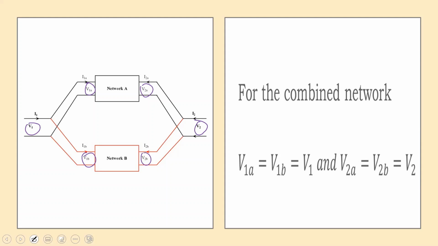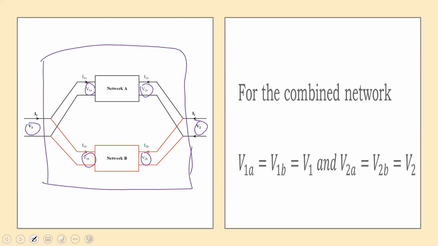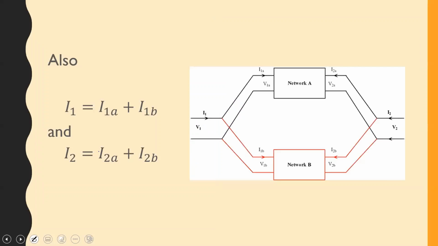All right? Always bear in mind that this is the network that we are considering. Let's call that network C. So network C is a combination of A and B. Okay, so the voltages are the same. We established that already. Similarly, we look at the current.